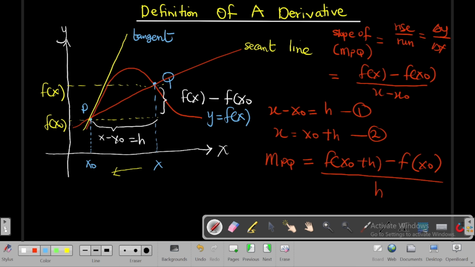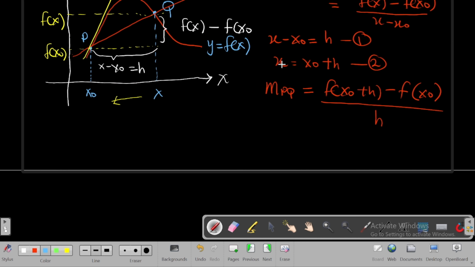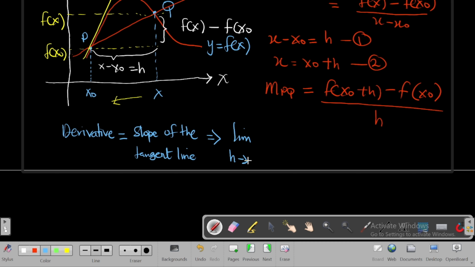So now we can say that the derivative of the function is the same as the slope of the tangent line. To find the slope of the tangent line, we say that the slope of the tangent line is the limit as h approaches 0 of the gradient of the secant line.